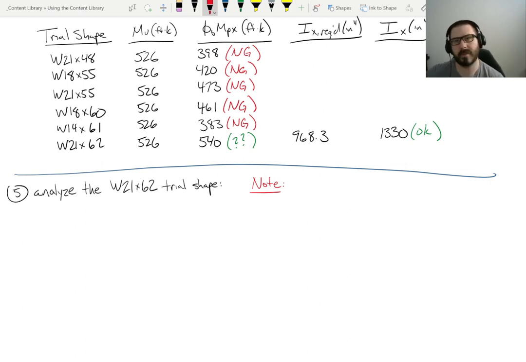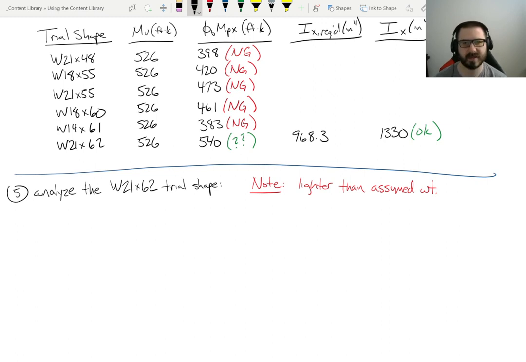A note on this problem is that the W21 by 62 is lighter than assumed weight. So what that means is if we go ahead and just compute the capacity and we find it's good, we don't need to go back and update our moments like we have in maybe some of our previous problems. If it works for 100 pounds per foot, it's going to work for 62 pounds per foot. You can update that if you would like, but I'm actually going to skip that because I think we're going to be fine. So let's see what happens though.